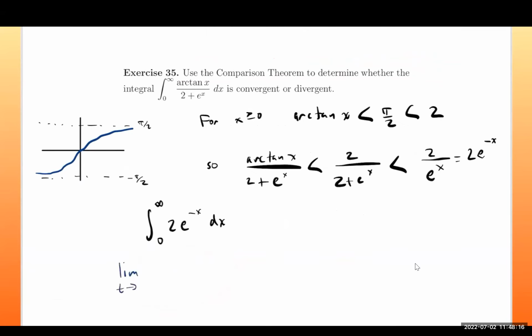So let's rewrite this as the limit as t approaches infinity of the integral from 0 to t of 2e to the negative x dx, which is negative 2e to the negative x, from 0 to t.